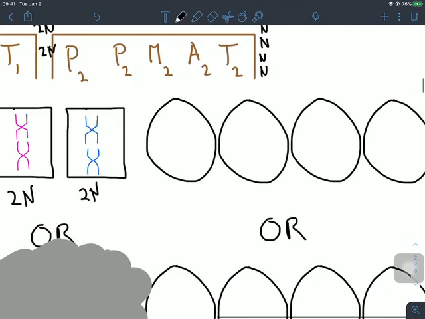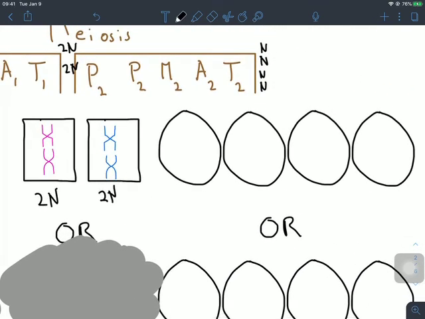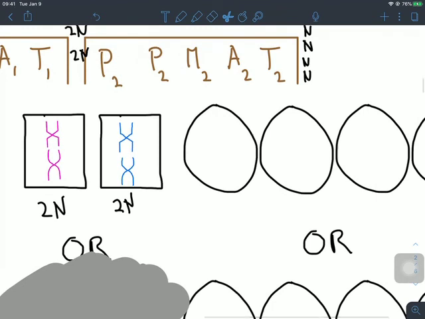And now, in prophase, prometaphase, metaphase, anaphase, and telophase 2, you will again line up just like you would have in mitosis, with sister chromatids going to opposite cells.